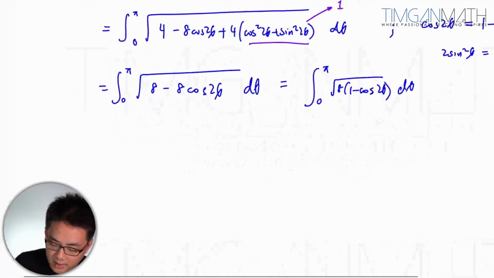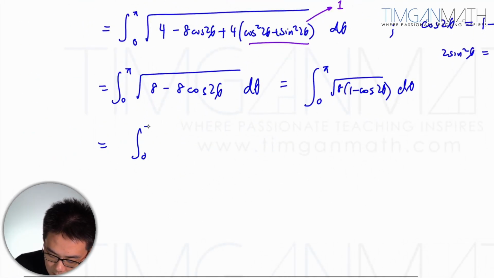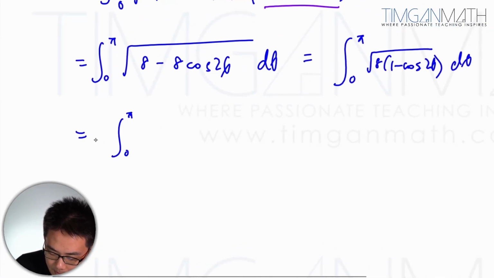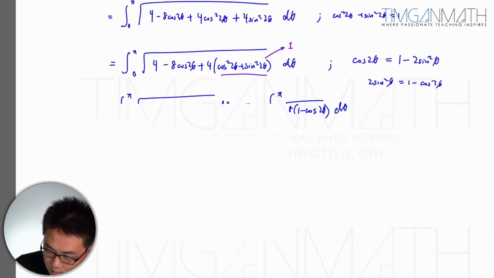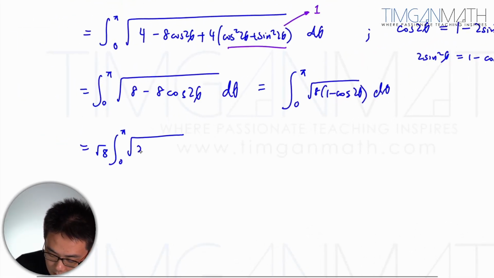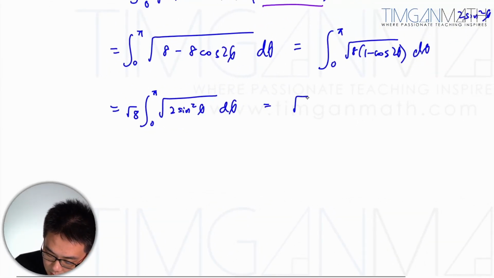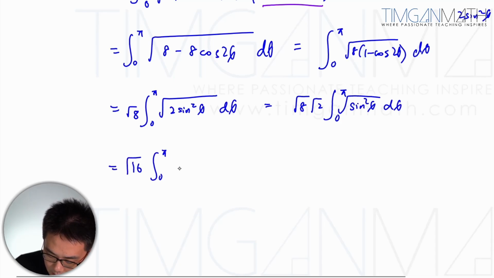So we could simplify this: root 8 I'll bring out, from 0 to pi, root 8 times the integral of 2 sine square theta d theta. Root 2 could come out as well, so root 8 times root 2, 0 to pi. Oh, you get a very simple sine theta here. So this is root 16, from 0 to pi, of sine theta d theta.